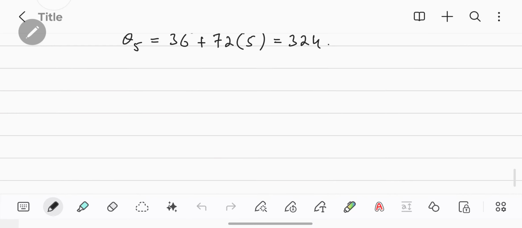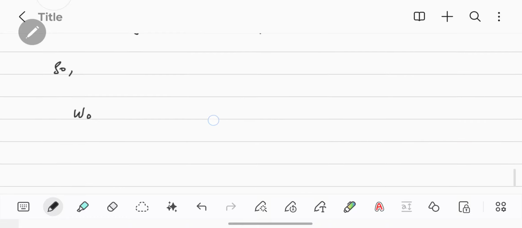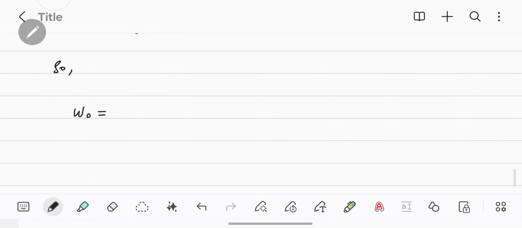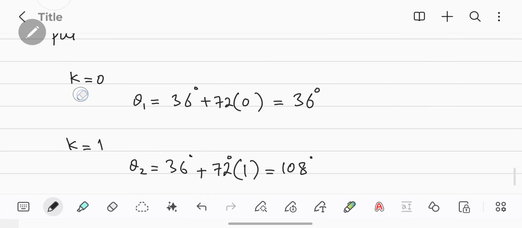So you have 5 different fifth roots. So the first root, W0, which corresponds to k equal to 0, will be r times cosine of theta. I think I should change the notation. For k0, I should write theta 0.